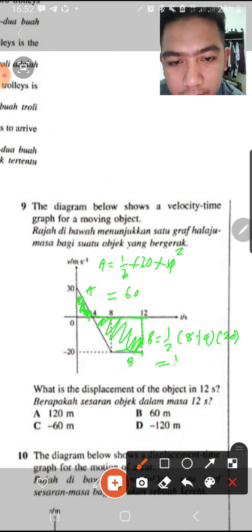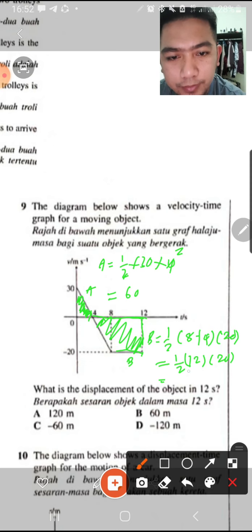So if you calculate 12 times 20, okay, here you will get 6 times 20, you will get here 120.